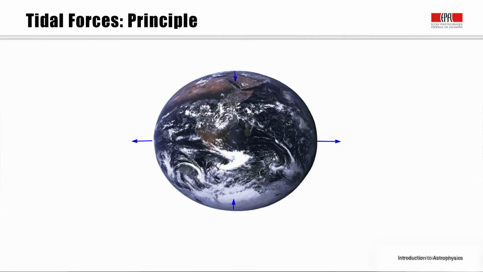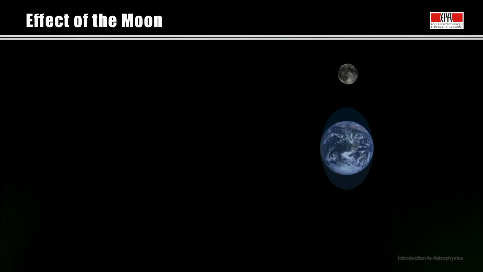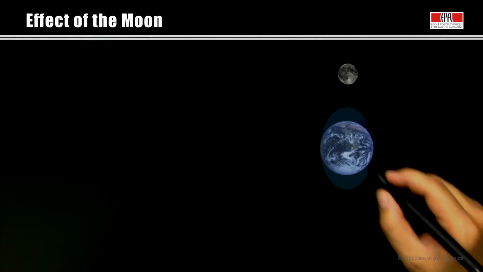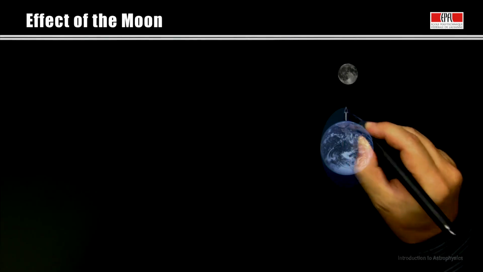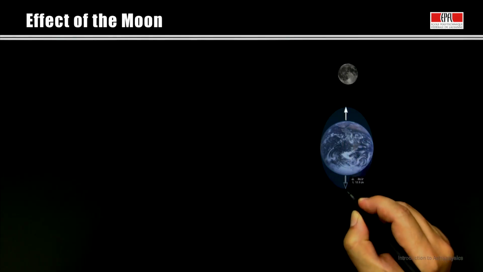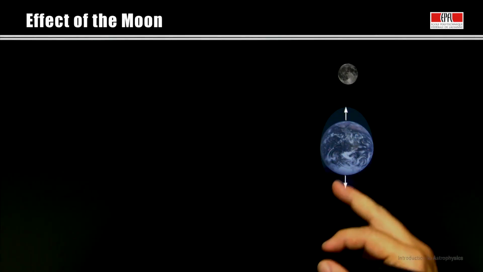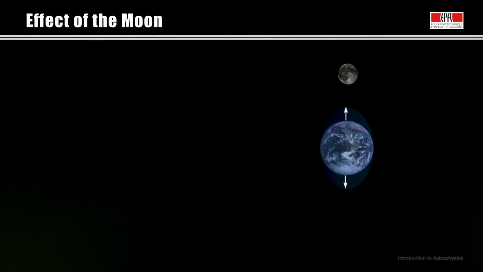This has a direct influence on the motions of the oceans around the Earth. If the Earth-Moon system was isolated, the tidal forces would have the directions as indicated. And obviously, the oceans would follow this motion. There would be two liquid lobes on the Earth's surface.